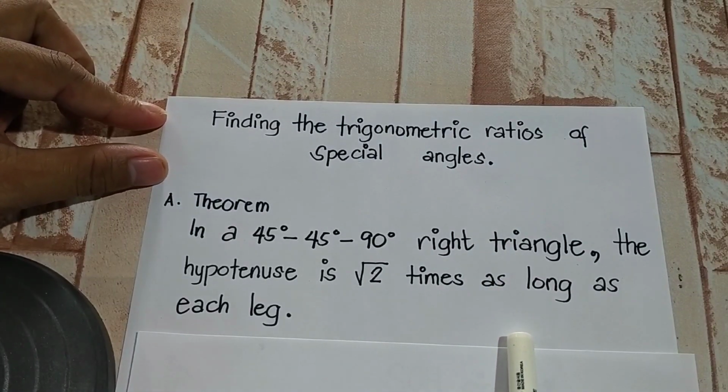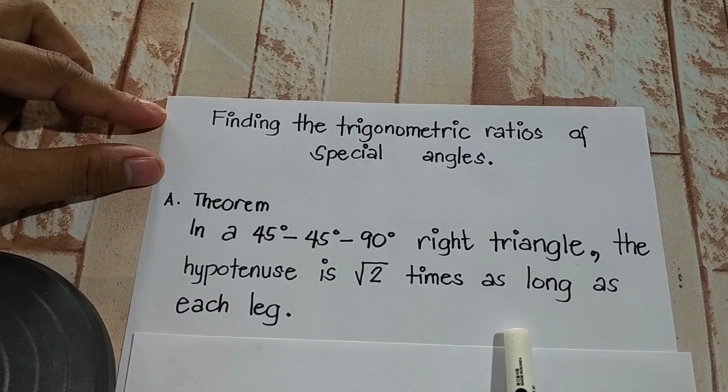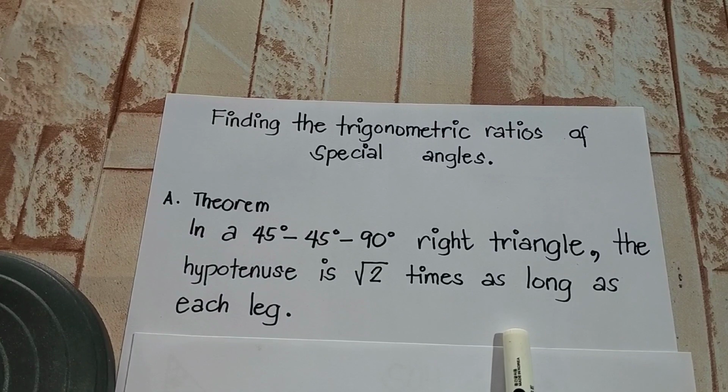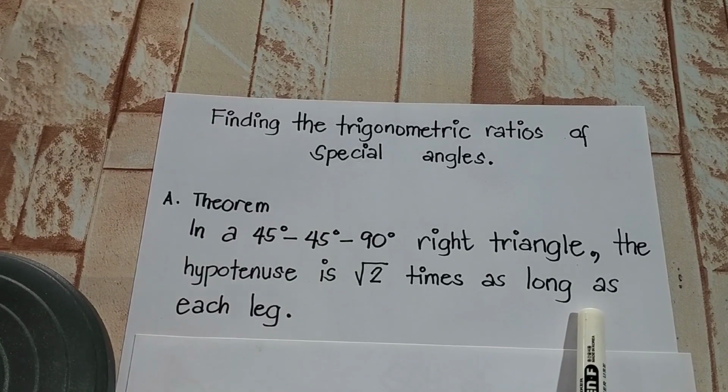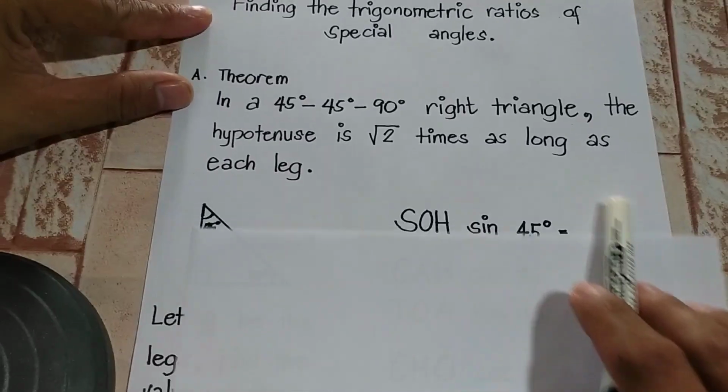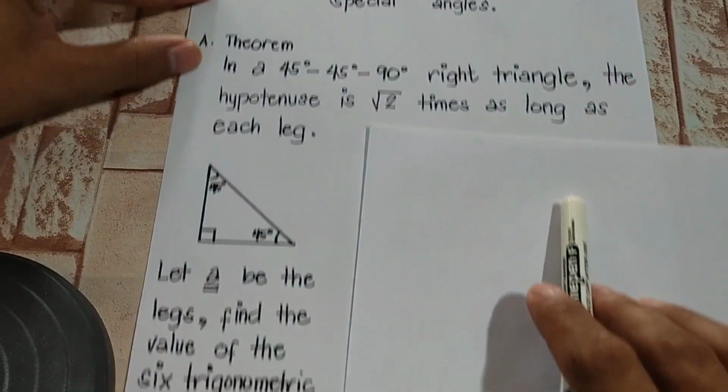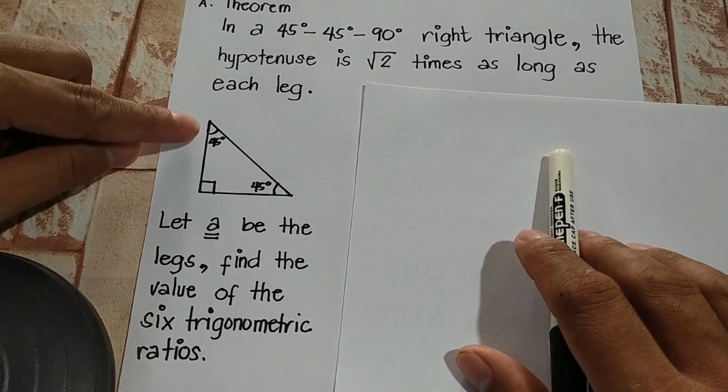It says here that in a 45, 45, 90 degrees right triangle, the hypotenuse is square root of 2 times as long as each leg. If we take a look at this illustration, we have a triangle.